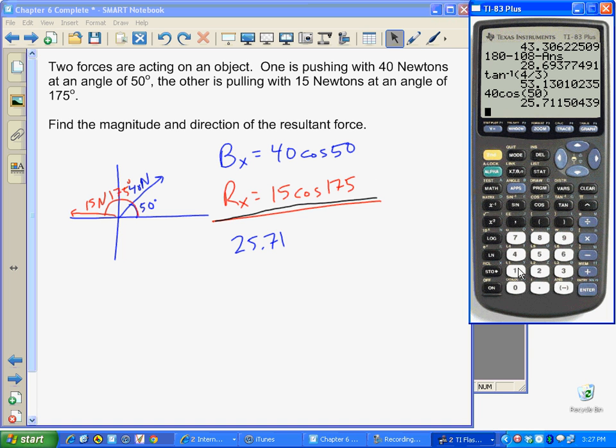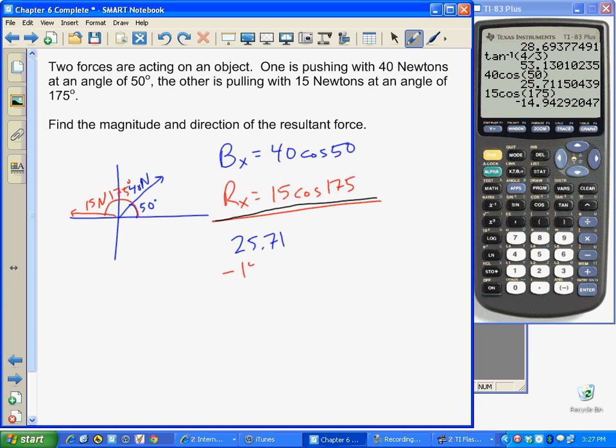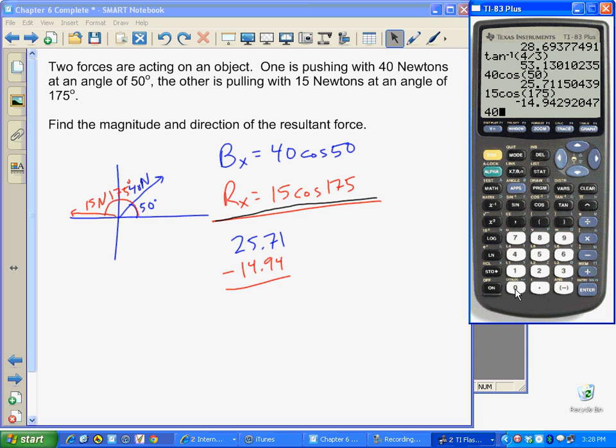The red is 15 cosine 175, so that's a negative. When I add them together, I'm going to be subtracting. I want to type it all in so I don't round.